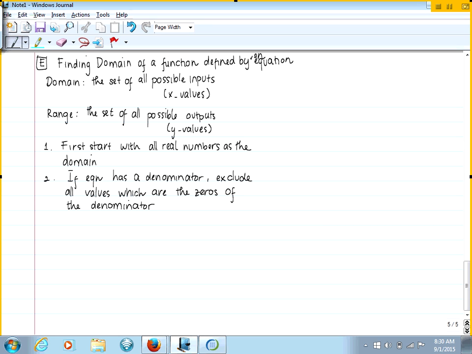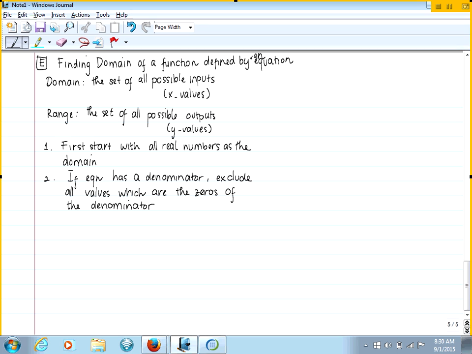Why do we have to exclude values that are zeros of the denominator? Because the denominator cannot be 0. If the denominator is 0, the function is undefined.